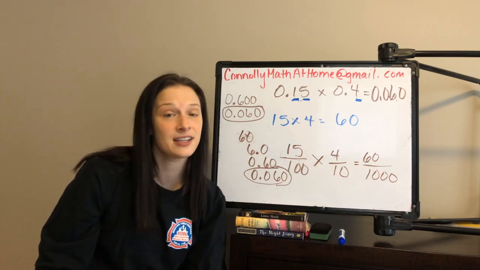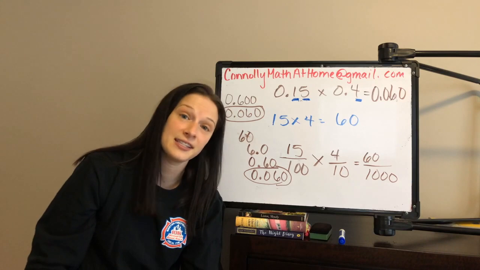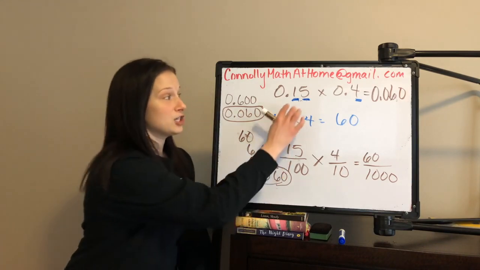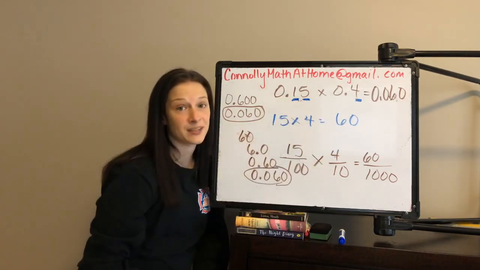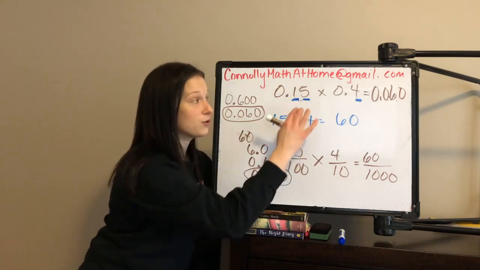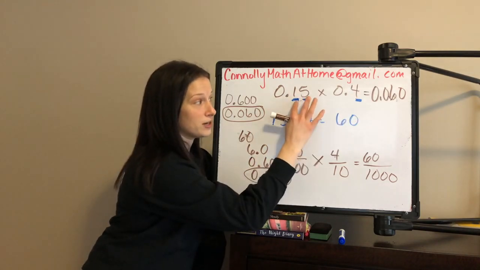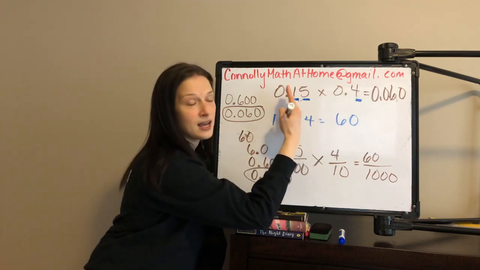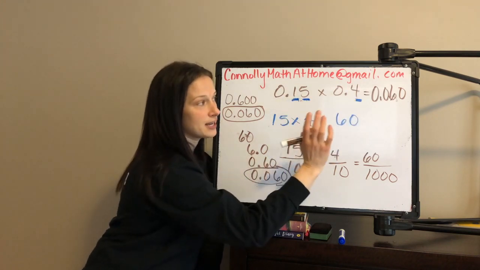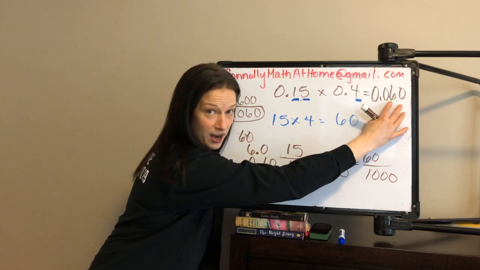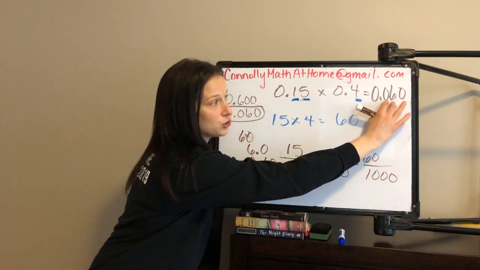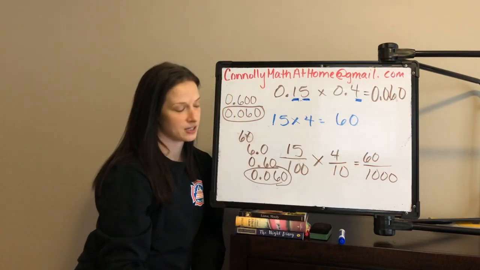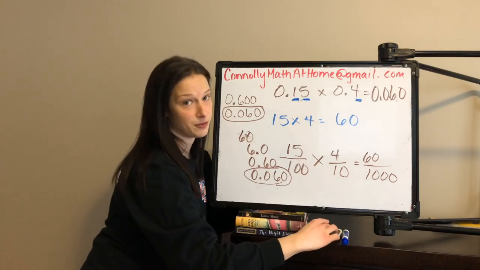And finally, the last thing that I taught you today is that you can count how many digits are to the right of the decimal in each factor, okay? So if this side of the equation has 1, 2, 3 digits on this side of the equal sign, if they have 3 digits to the right of the decimal, the product will also have 1, 2, 3 digits to the right of the decimal.